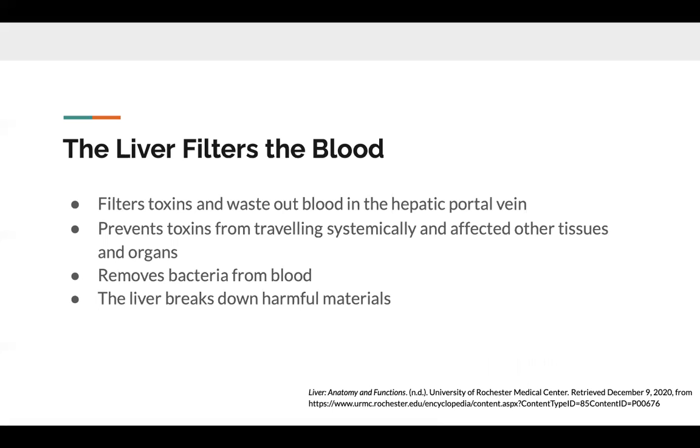For example, the liver removes potentially dangerous bacteria from the blood, and in doing so, plays a part in our immune function. Once harmful materials are filtered out of the blood, the liver breaks them down and secretes the products into the blood or into the bile. These materials can then be processed by the kidneys and excreted in the urine, or travel through the digestive tract and are eliminated in feces.